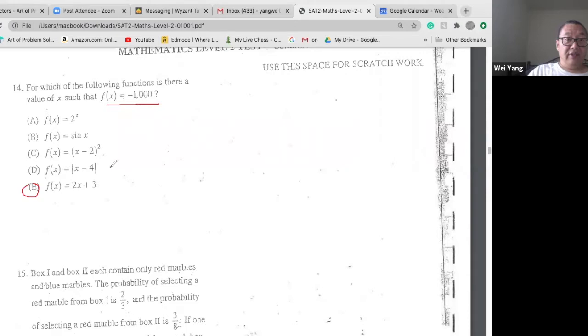Okay. Negative, yes, you're right. See, this one will always be greater than 0. This one is between negative 1 and positive 1. This one is also greater than or equal to 0. This one is also greater than 0. Only this one. Yes, you're right.